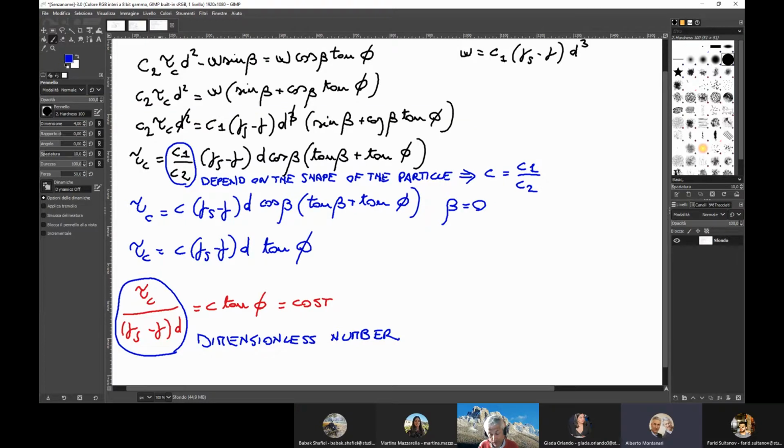So we first have to identify what are the physical variables driving this process, and then we have to identify their physical dimensions, their units.